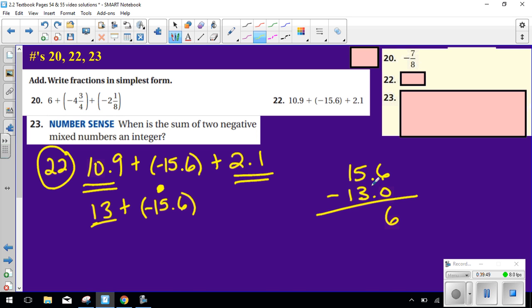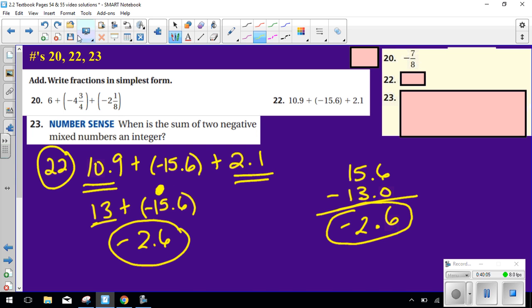Decimal points go straight down. 5 minus 3 is 2. So since 15.6 is a bigger absolute value than 13, my answer is negative. So negative 2.6 or 2 6/10 is my final solution. Okay, I'm going to erase the board and move on to number 23.